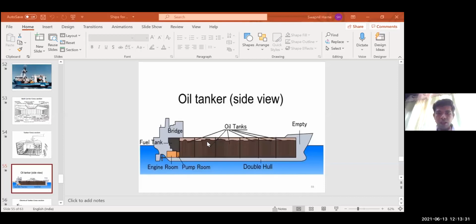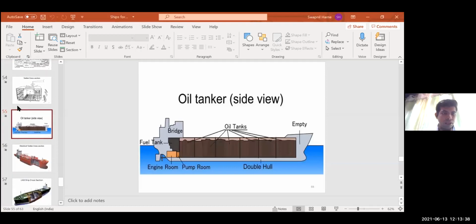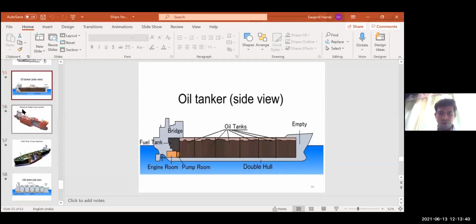See over here, this is a typical oil tanker side view. Let's come to this particular side. Again, oil tanker.